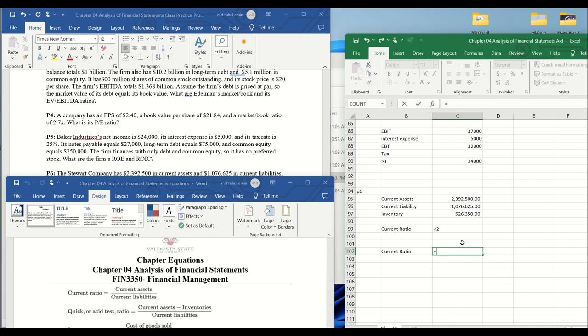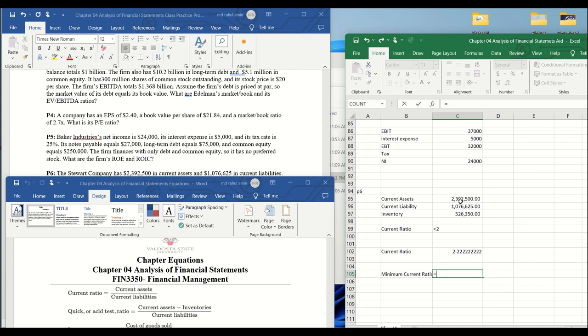So this should be current assets divided by current liabilities, 2.2. What's the minimum change we can make to make sure our current ratio is not less than 2, or exactly equal to 2?